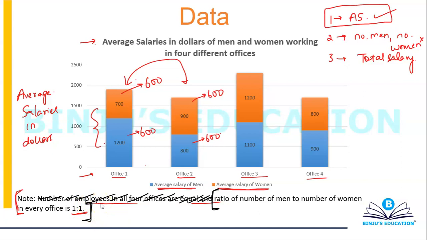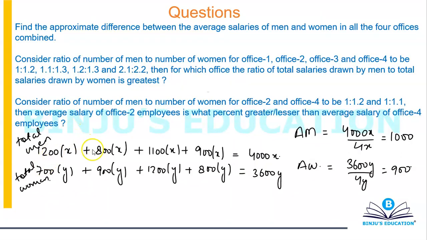This note is the key point of this entire data set. That's why I'm emphasizing so much on this. If it was only given to me that the ratio is 1:1, in that case, what would have happened?